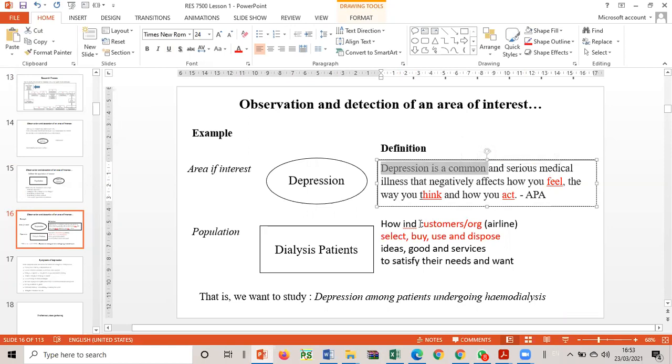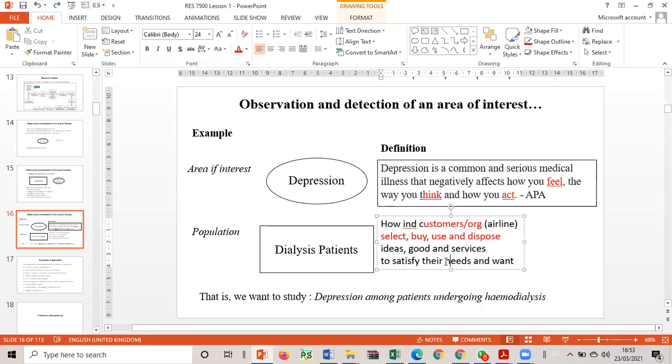So you're talking about consumer behavior. So what's consumer behavior? How customers, organizations, either one or both, select, buy, use, and dispose, in order to satisfy their needs. Is it important? You may have all this. Is it possible it's not satisfactory to the needs? Needs and wants, why is it different?